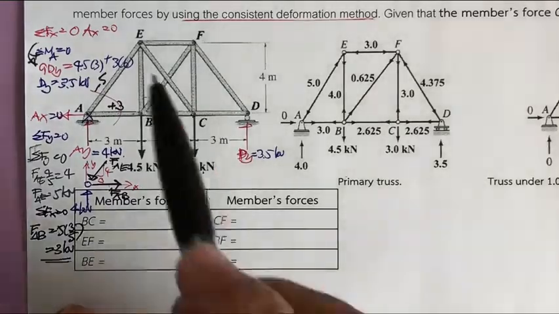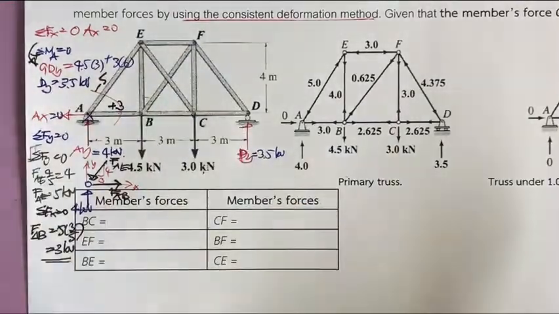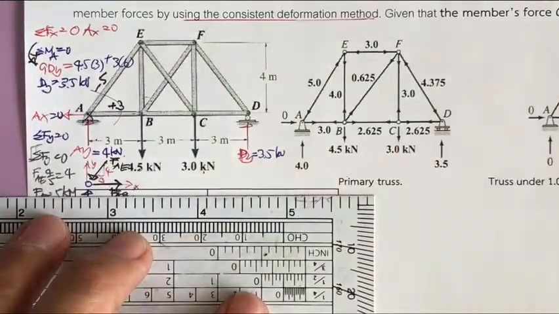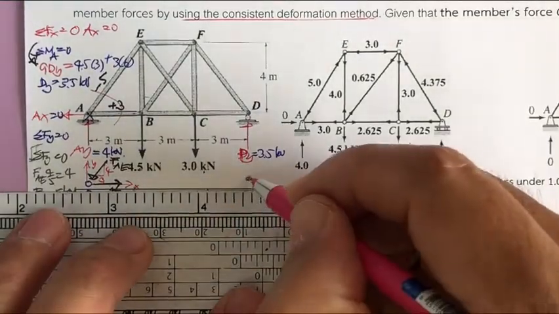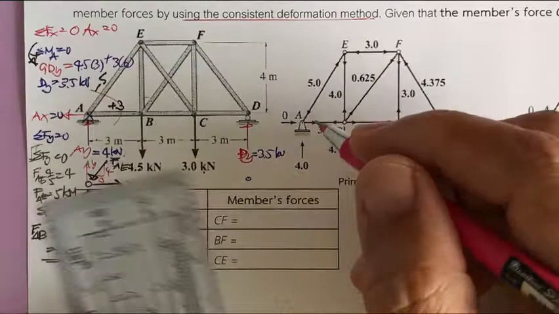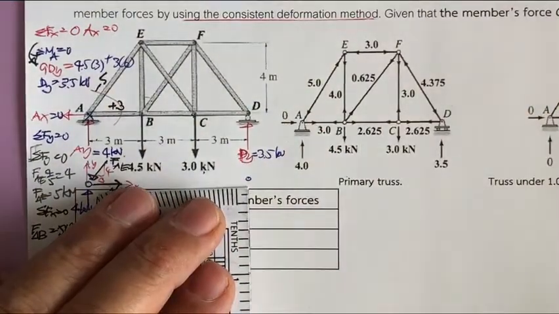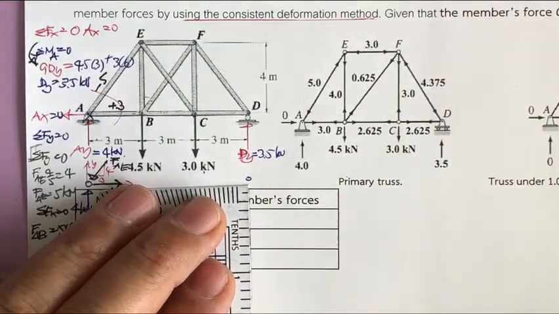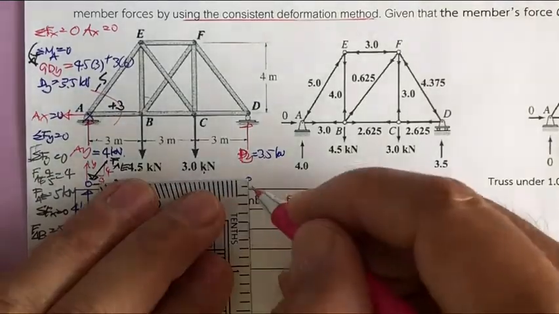Also we cannot solve for this, but we still can solve for this one, as you may have it before. This one you may put as 3.5 kilonewton.